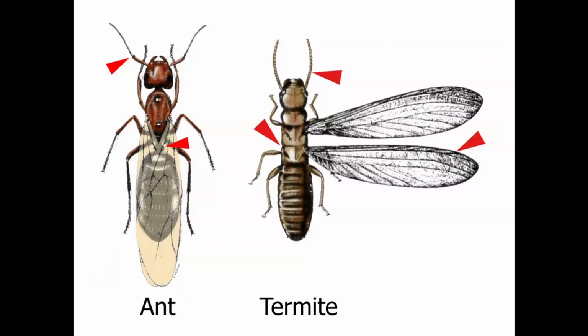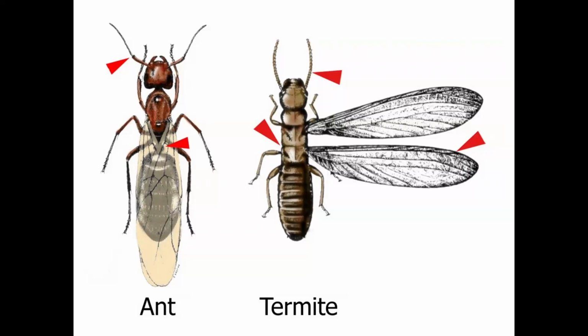And then the last thing that you can look for, if you have them still on the specimen, are the wings. Both ant and termite swarmers, after they have flown out of the colony and found a mate and did their thing, when they come down to the ground, are going to shed those wings. So depending on when you catch them or when your customer catches them, they might have those wings, they might not.